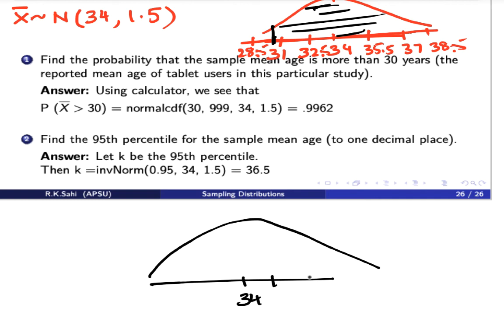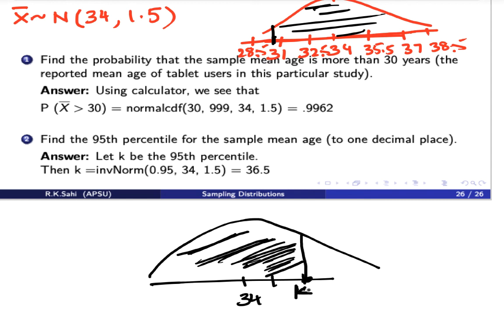Now you are looking at 95%. What is this K value such that it's the 95th percentile? So this K, 95% of the tablet users are less than K. In other words, you're given the area under the curve, 95%, and you want to find this K. So you have to use the formula inv norm. That's how we find it out.